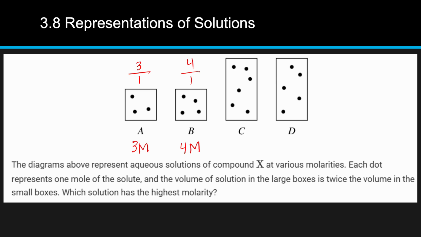And here we have 2 volumes, and 1, 2, 3, 4, 5, 6. So we have 6 over 2, which means this is also 3 molar. And then over here we have 1, 2, 3, 4, 5 over 2 volumes, which is going to be 2.5 molar. So we know our highest concentration is going to be B.